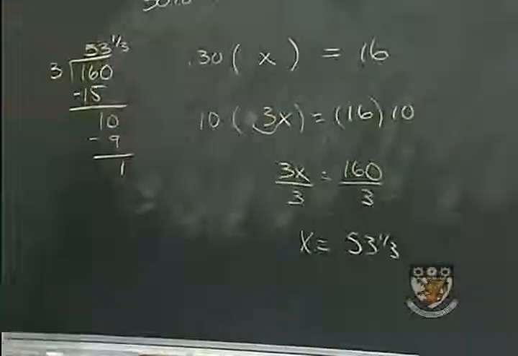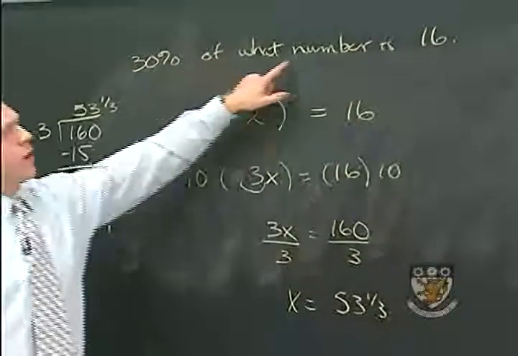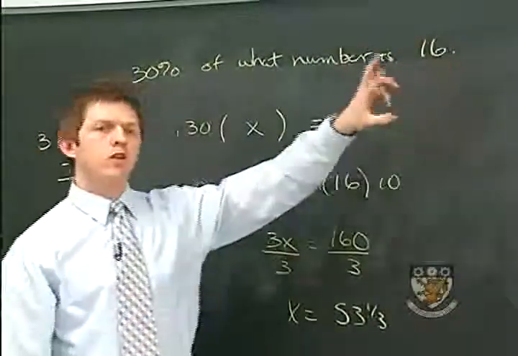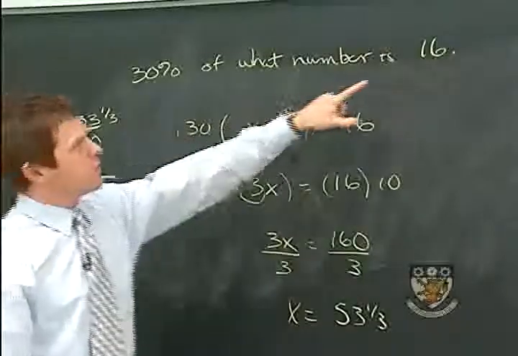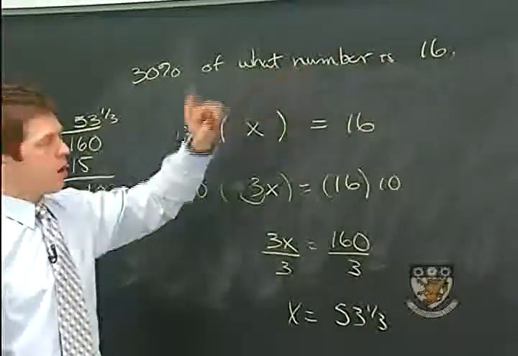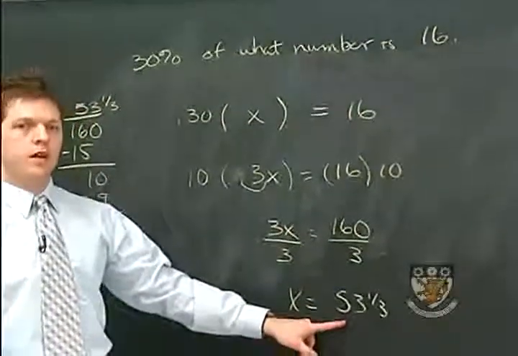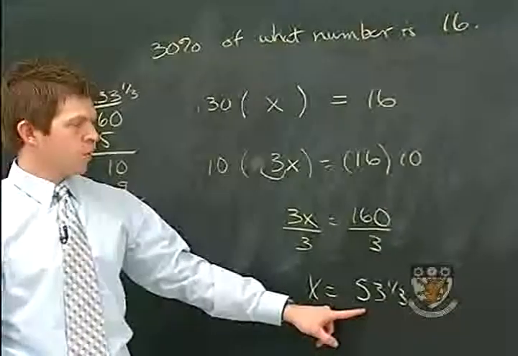So what did I find out? 30% of what number is 16? You could rewrite that and say 16 is 30% of what number? 16 is 30% of 53 1/3. That's what we're saying.